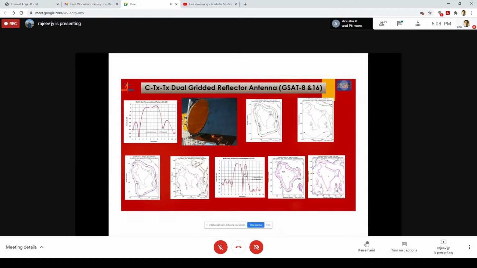There are two beams you are seeing here, with a large beam width and a smaller beam width. You know why it came? Because this is the area where our sea region is there, and these are our Andaman and Nicobar islands. So we wanted to cover the Indian region as well as the islands. So we were supposed to cover that, and we got that antenna and beam.